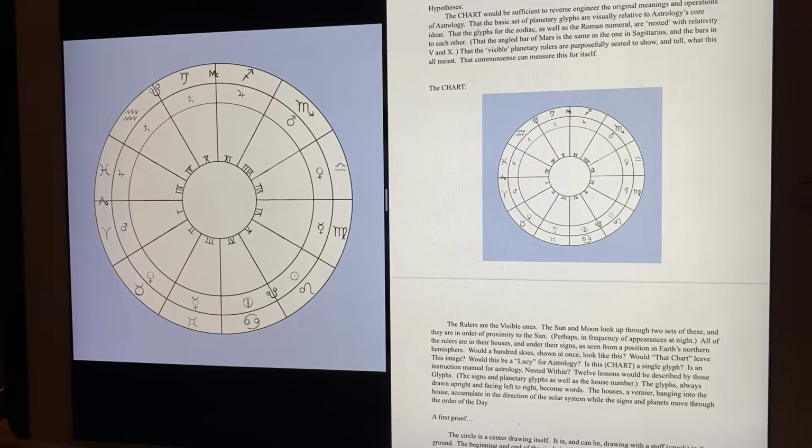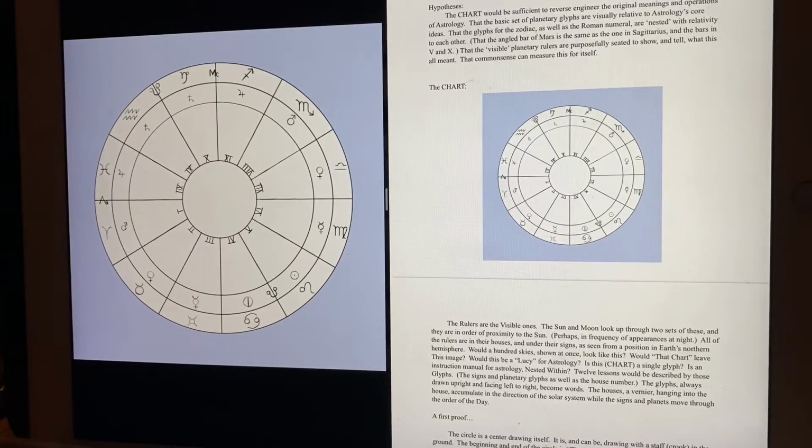That the angled bar of Mars is the same as the one in Sagittarius and the bars in both the V and X, 5 and 10 of the Roman numerals. That the visible planetary rulers are purposely seated to show and tell what this all meant. That common sense can measure this for itself.